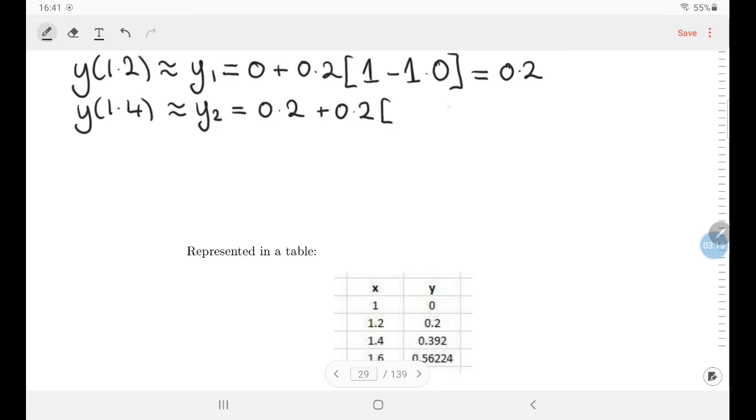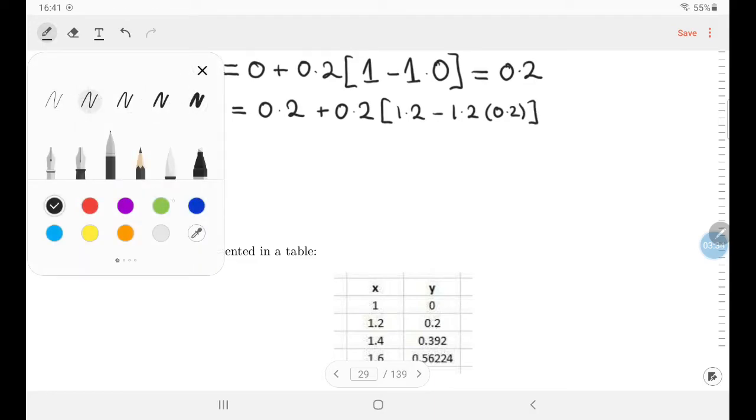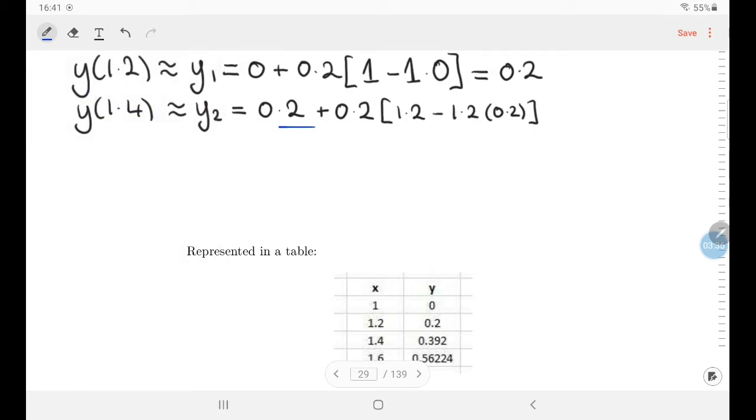So just to make a little note here: this is the previous y value, this is the step size, and then times the previous slope.